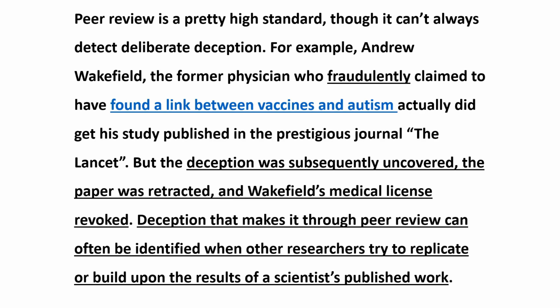Deceptions that make it through peer review can often be identified when other researchers try to replicate or build upon the result of the scientific publication work.